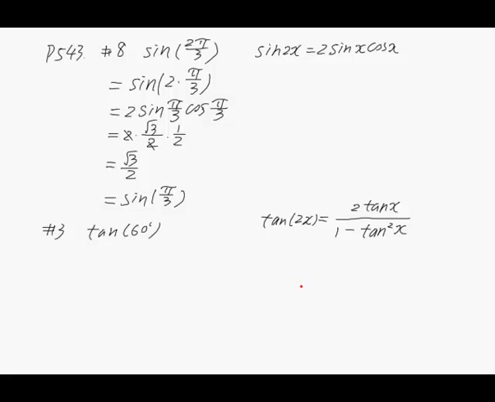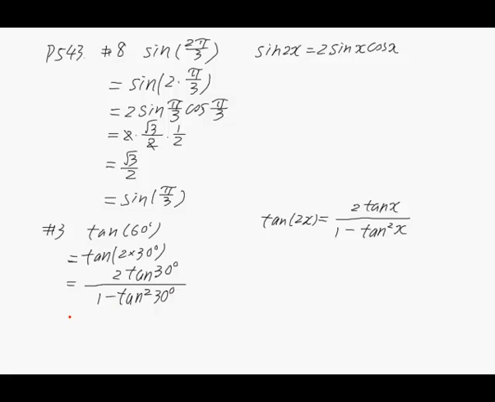So now let's use this double angle identity for tangent to find the tangent of 60 degrees. First, let's write this as the tangent of 2 times 30 degrees. And then, by this double angle identity for tangent, we got 2 times tangent of 30 degrees divided by 1 minus the tangent square of 30 degrees.